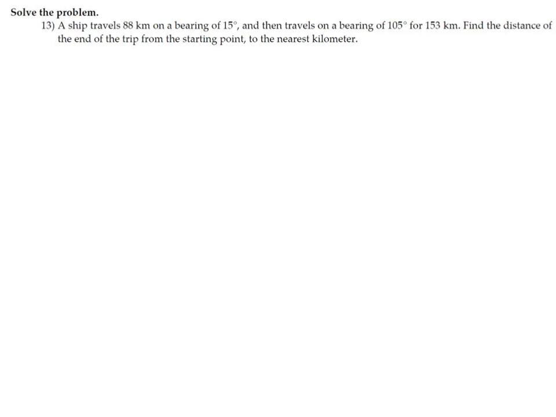So we're starting here. 15 degrees means, let's see, I don't want to start there. I'm going to run out of room if I start there. I'll start in the middle. 15 degrees means from north, 15 degrees clockwise, that's the bearing of 15 degrees, and we go 88 kilometers.